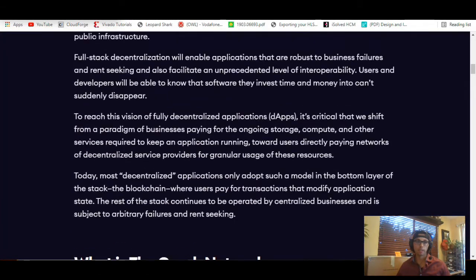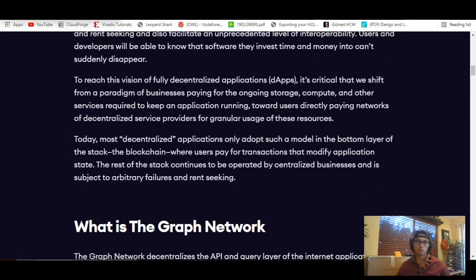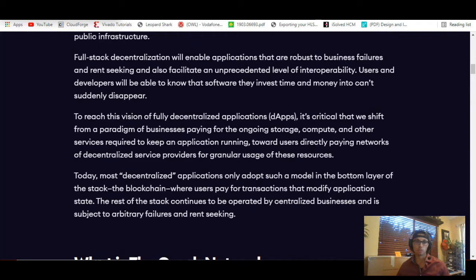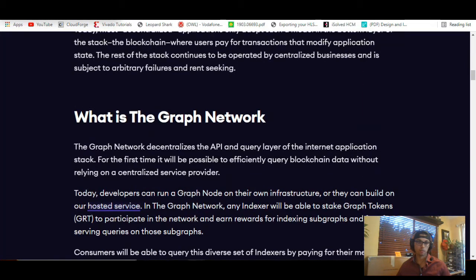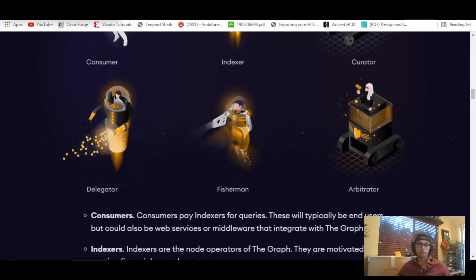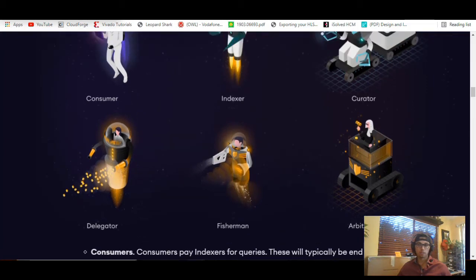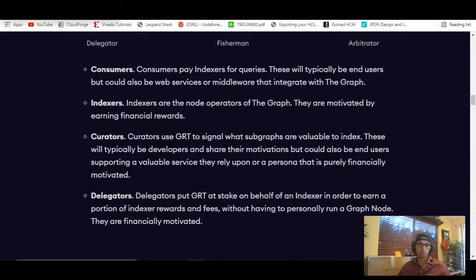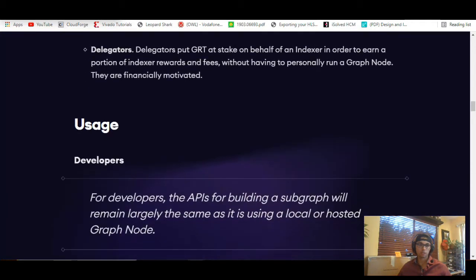parts. So full stack decentralization, that's really being achieved when you think about some of the new announcements with the decentralized migration of the subgraphs. Here are some of the other roles that they introduced: the fisherman and the arbitrator. We went through indexers, curators, and delegators.